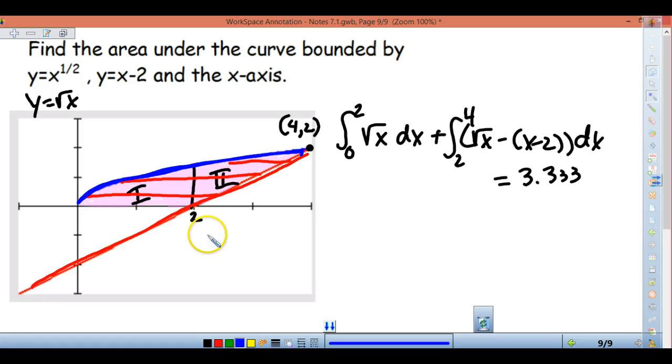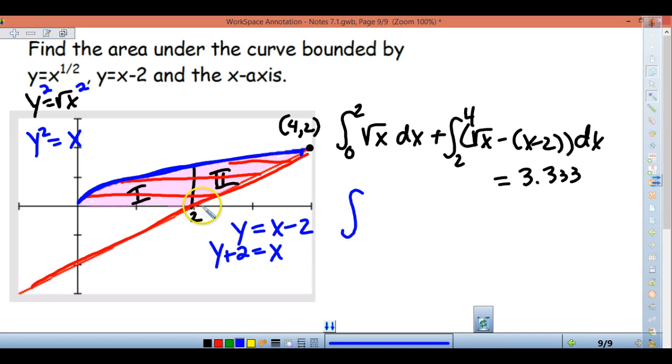So if you don't have the equations in terms of y, what you would have to do first is to solve for the other variable. So if I have y equals x minus 2, if I add the 2 to the other side, I get x equals y plus 2. If I want to solve for x on this one, if I have y equals the square root of x, if I square both sides, I get x equals y squared.